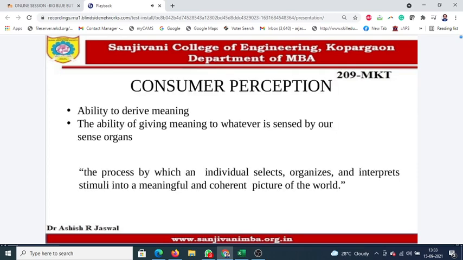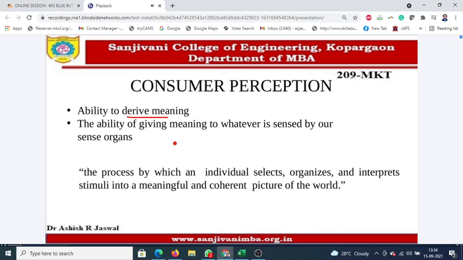What do you mean by consumer perception? If you look into the term perception, it is generally defined as the ability to derive meaning. Derived from the word perceive, it refers to the ability of giving meaning to whatever is sensed by our sense organs.